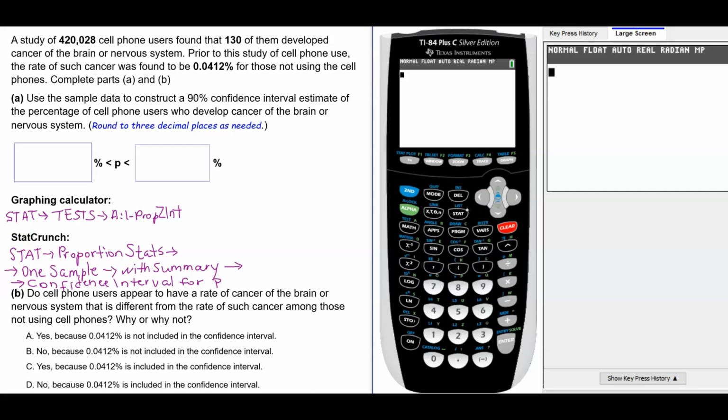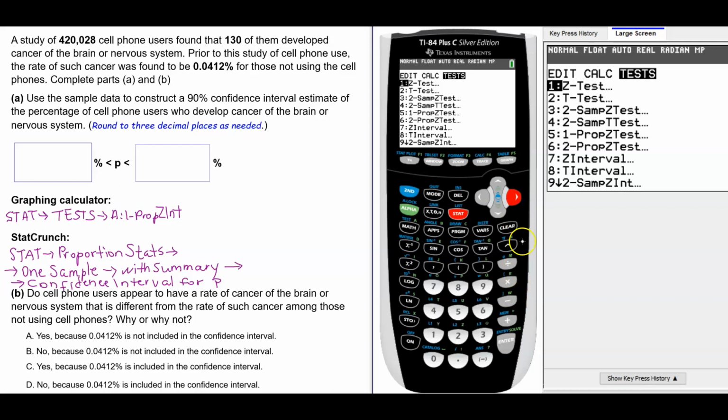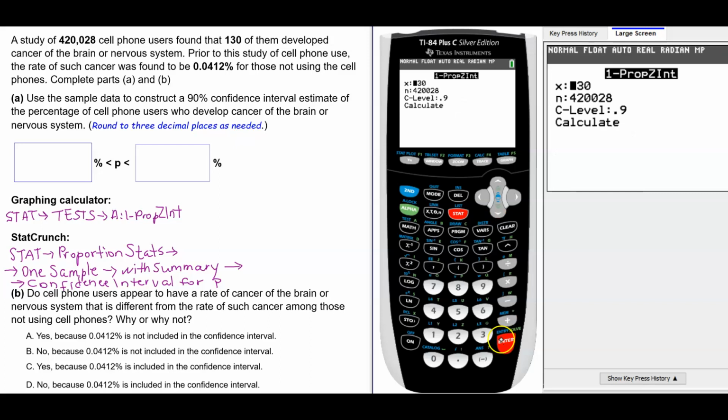On the graphing calculator, you go to Stat, go to Test, and then you scroll down to A, 1 proportion Z interval. Click Enter, and you're going to enter X, the number of successes, 130, and the total number of subjects, 420,028.